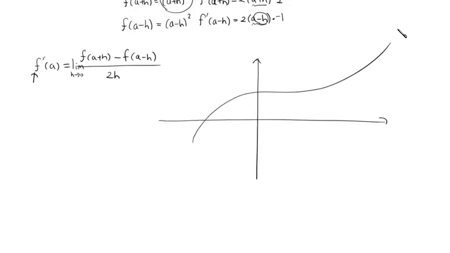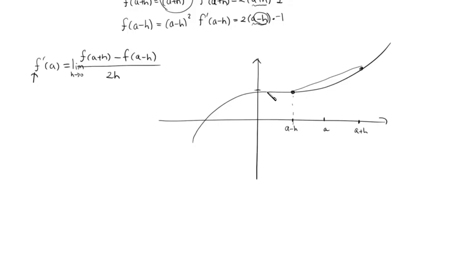Right, so you've got a similar function, and we're going to call this point, this middle point, a, and this point here is a plus h, and I'm going to call this point a minus h. So this gap right here and this gap here is h. And we simply take the gradient between these 2 points.